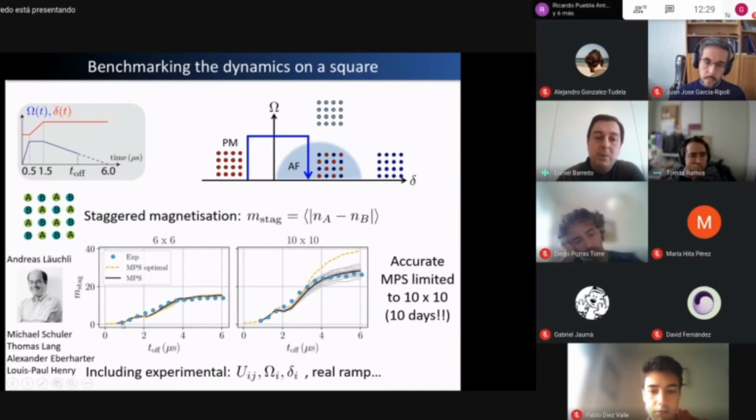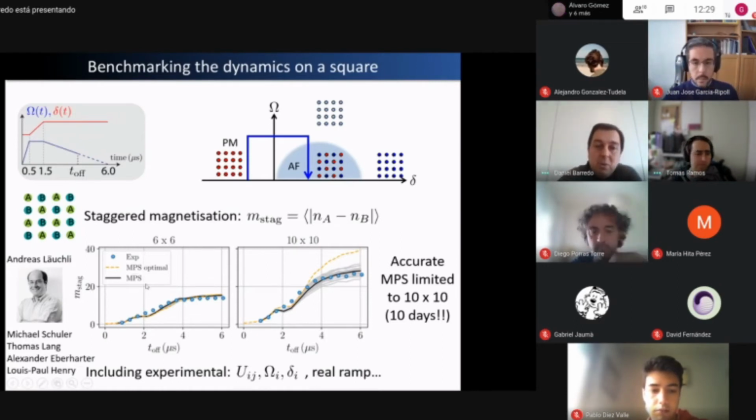So these are the blue points that you see here, as a function of the time of the sweep. And you see that the theory, in which you include all experimental imperfections that we can really calibrate independently, the interaction energies, the radio frequency, the detuning, or even the finite temperature of the atoms, matches very well with the results of the experiment.